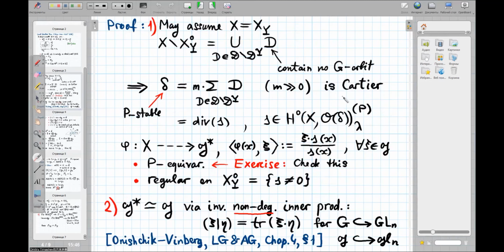And I take for P the whole stabilizer, because I claim that here P is the stabilizer of the line spanned by S, because the divisor of S is not only B-stable, it is P-stable, and even more so. P is exactly the stabilizer of this divisor.